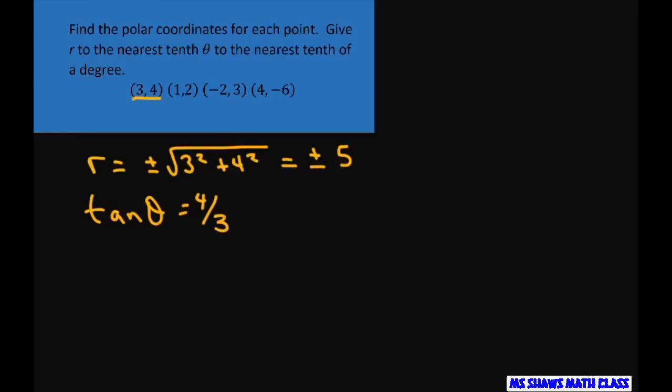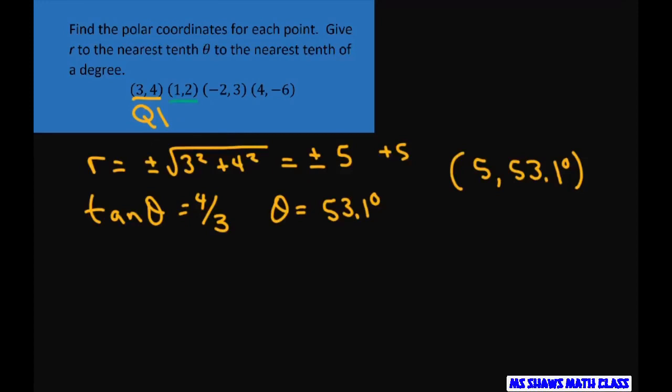So using your calculator, you get theta equals 53.1 degrees. Now, since we're in quadrant 1, we're going to use positive 5. So our polar coordinate is 5, 53.1 degrees.